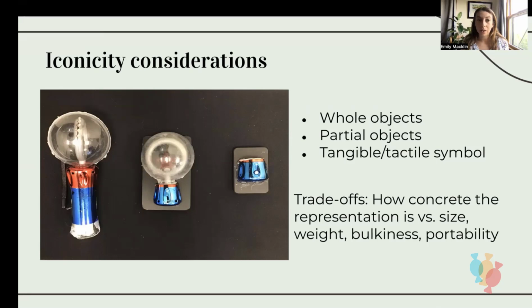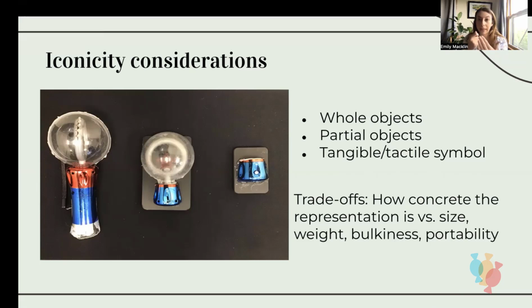So you may start with a whole object and then over time become a little bit more arbitrary. So trade-offs you want to consider is how concrete the representation is versus the size, the weight, the bulkiness, portability, considerations like that. So if you have the whole object, that is the most concrete or iconic representation of the referent you can get. It's the exact same referent.